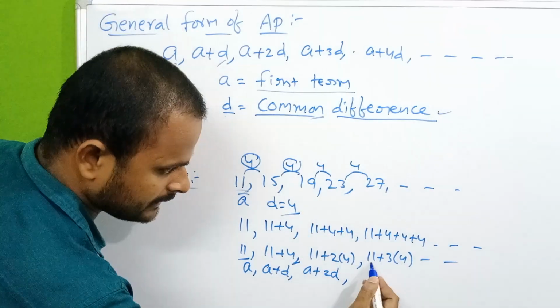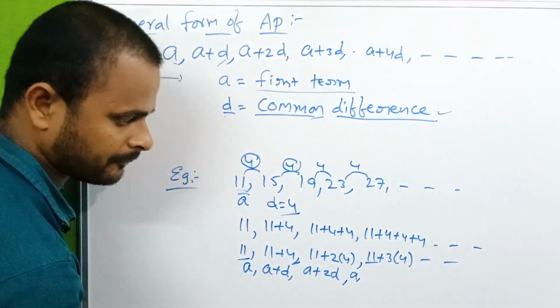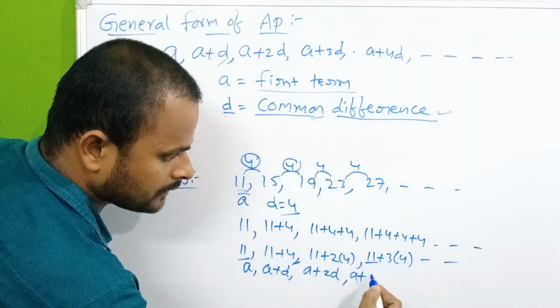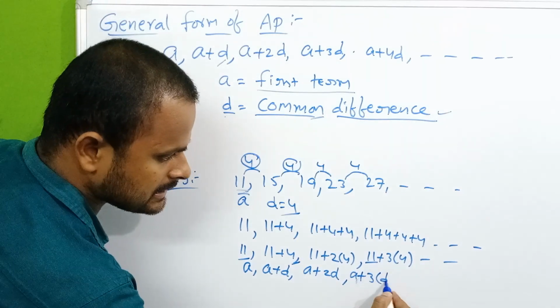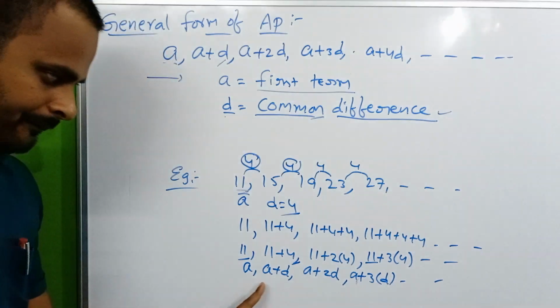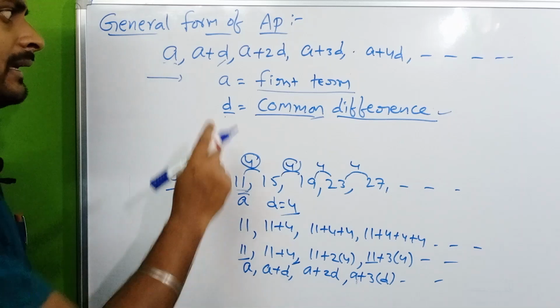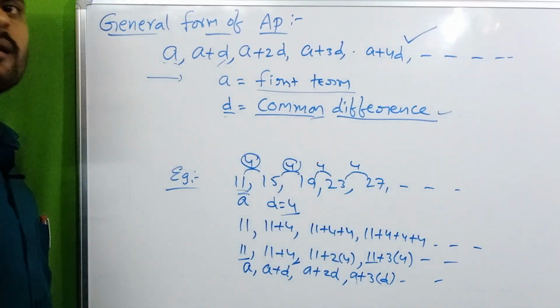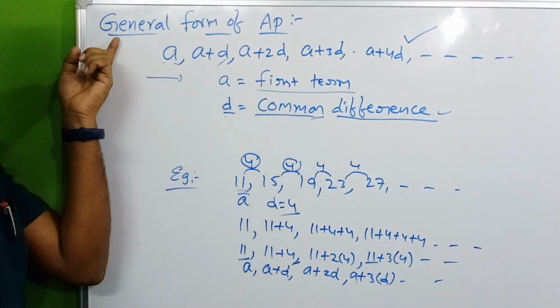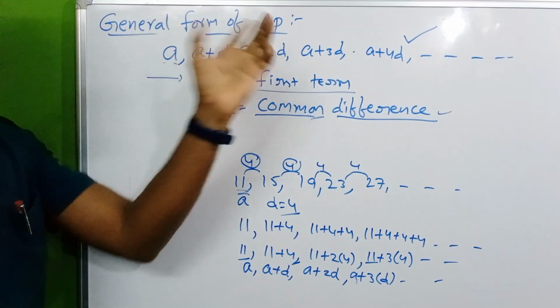And the fourth term is a, the first term, plus 3 into the common difference. So a, a plus d, a plus 2d, a plus 3d. Like this way, this arithmetic progression is formed. So that is why this is called the general form of arithmetic progression.